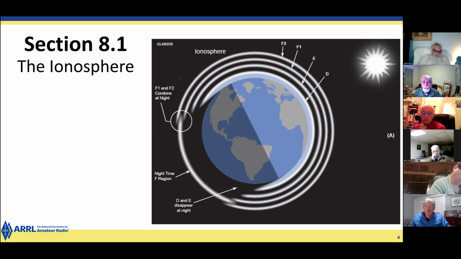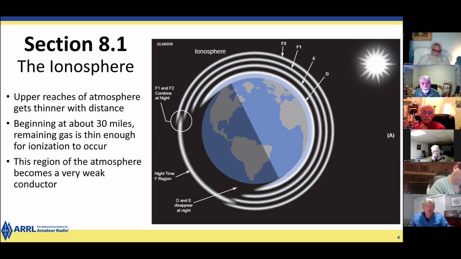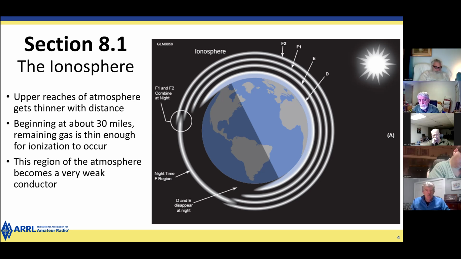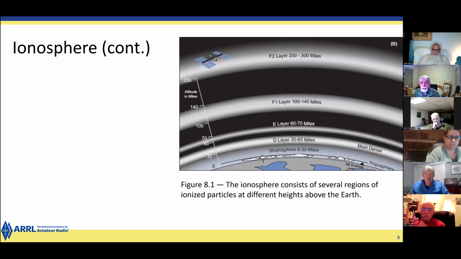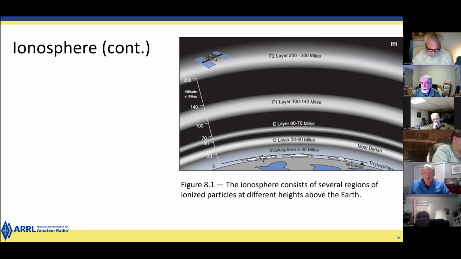So it goes from about 30 miles to 300 miles above the Earth. Okay, so there are different layers. For what it's worth, the highest point on Earth, Mount Everest, is about 5.5 miles above sea level.